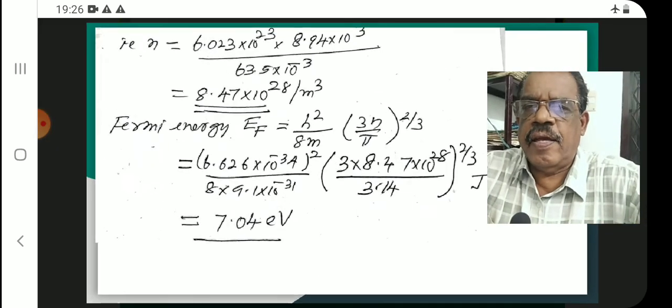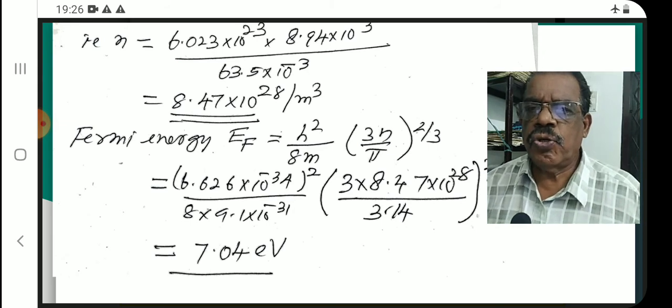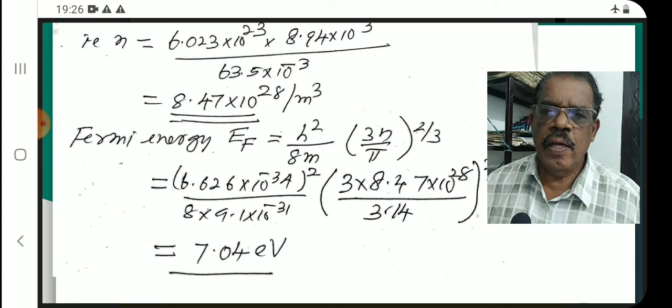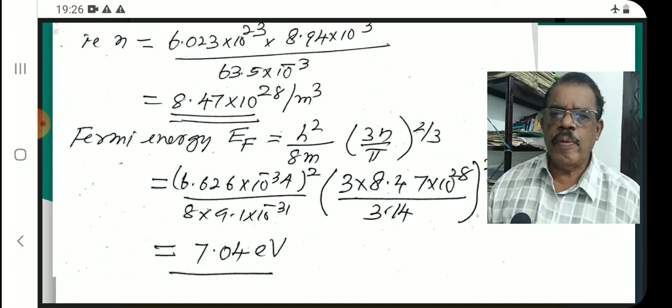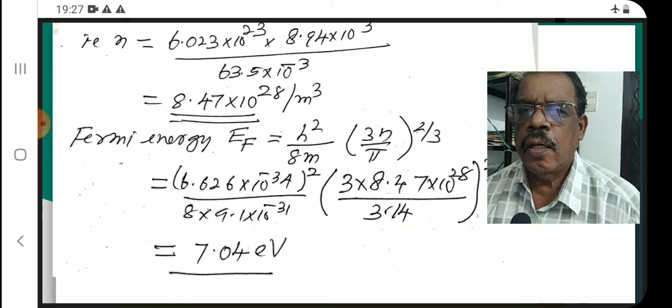And that we calculate. Avogadro number 6.023 into 10 raised to 23 into density of copper, which we express in kilogram per meter cubed by multiplying by 10 raised to 3.